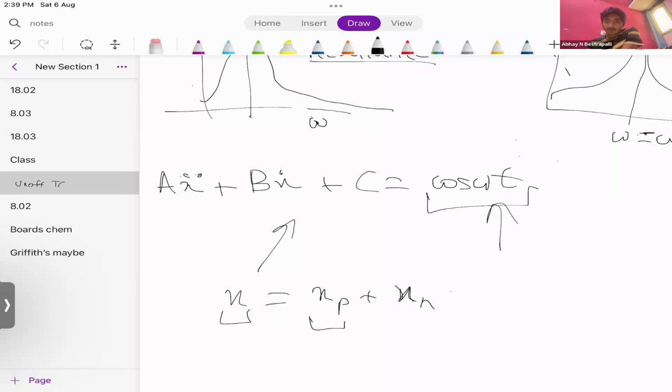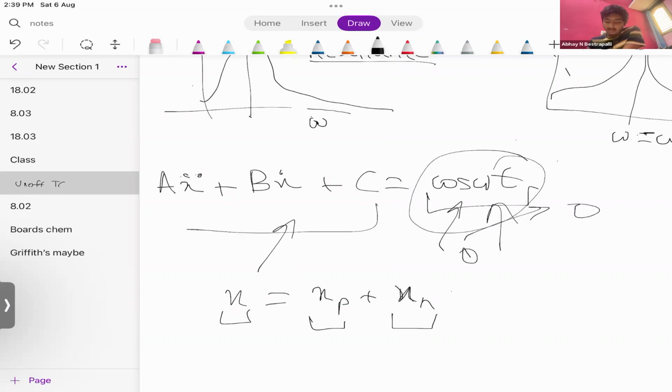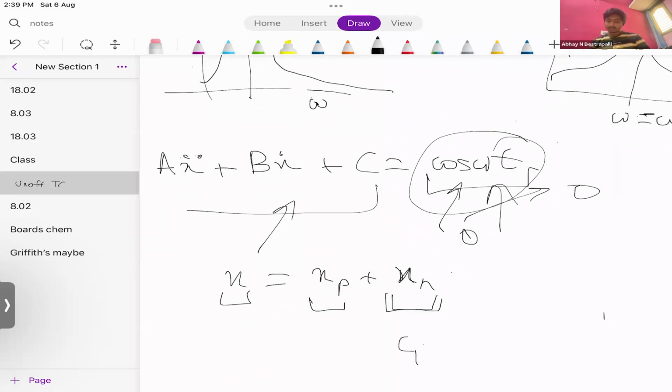The particular solution is what we found above. The homogeneous solution is what we found when we looked at the case when this is 0. So basically, just substitute this equal to 0, and whatever solution you get is the homogeneous solution. And there are two constants in that solution, remember? So you probably end up getting something like this.